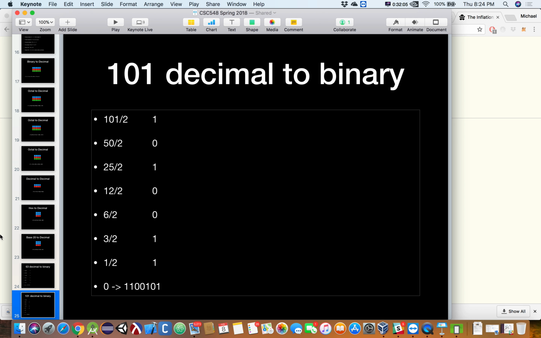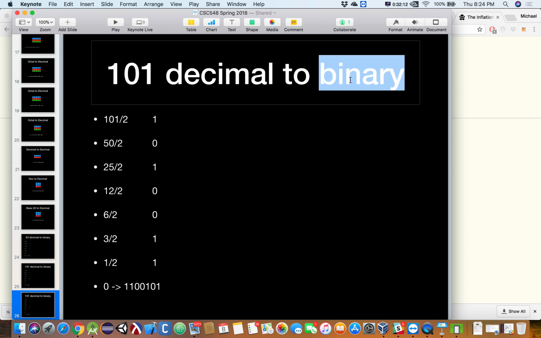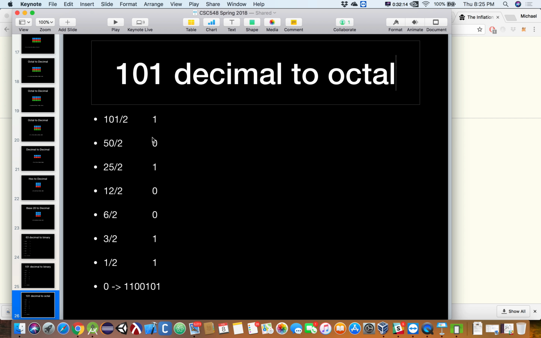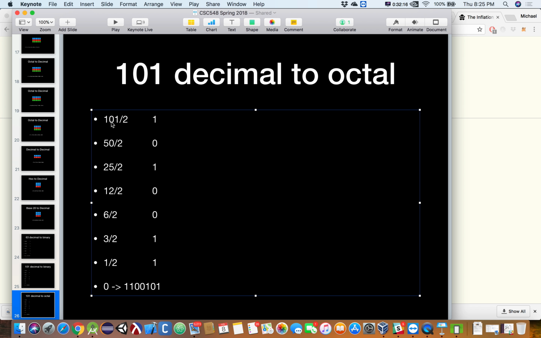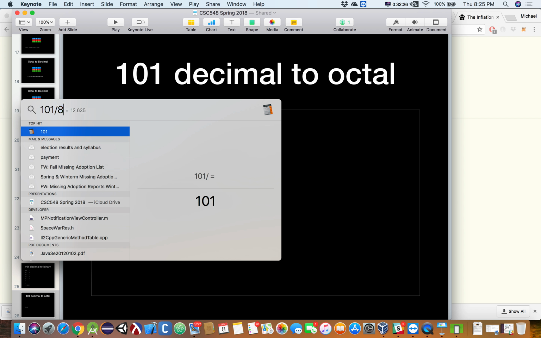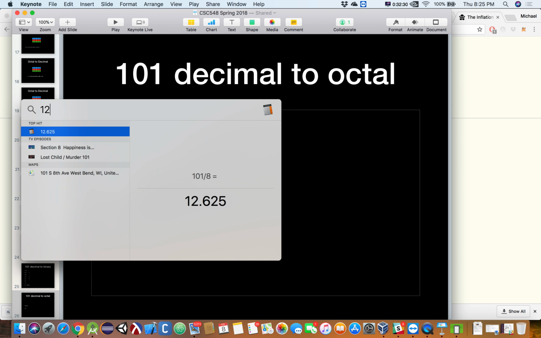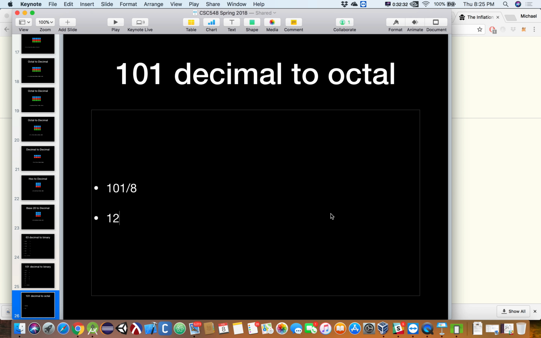Yeah. All right. So let's now look at maybe 101 decimal to octal. So now instead of divide by 2, we're going to divide by 8. So 101 divided by 8 is 12. 12 times 8 is 96.